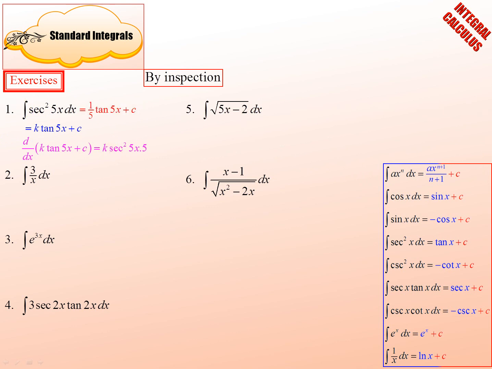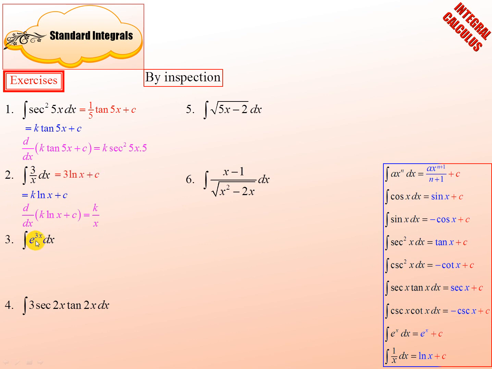So therefore, our k must be 1/5, and there is our integral. Next one, number 2, well, that's got to be k ln x. Differentiate it, we get k over x as opposed to 3 over x. Therefore, k must be 3, so therefore 3 ln x plus c.